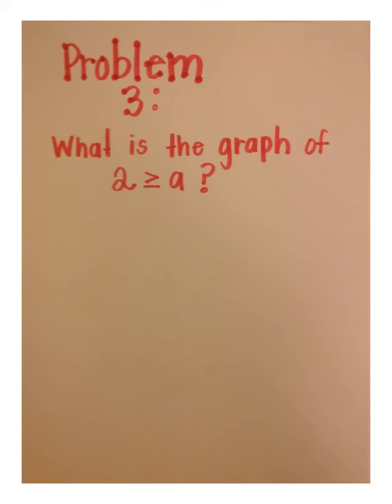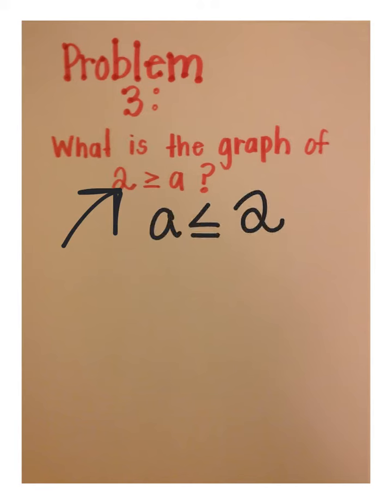So here we just have another example of how to write a graph for an inequality. If I am given 2 is greater than or equal to a, I can also write that, remember, as a is less than or equal to 2. Okay?